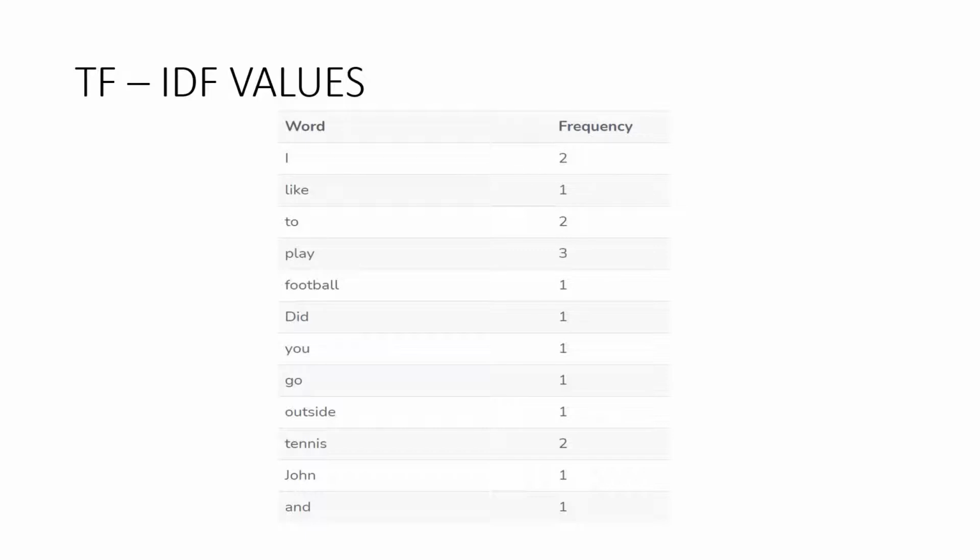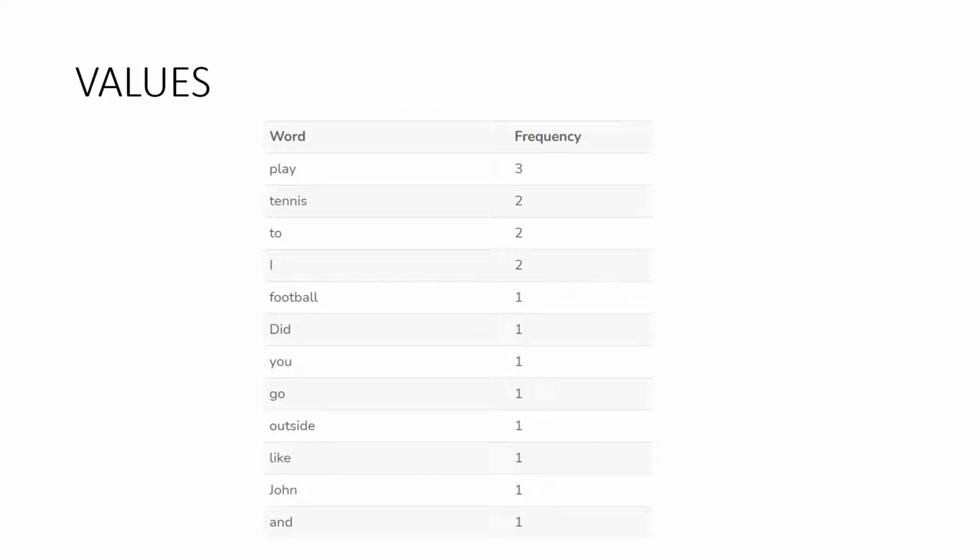So let's sort the dictionary in the descending order of the frequency. Again, it's shown here. Now we will filter the 8 most frequently occurring words.